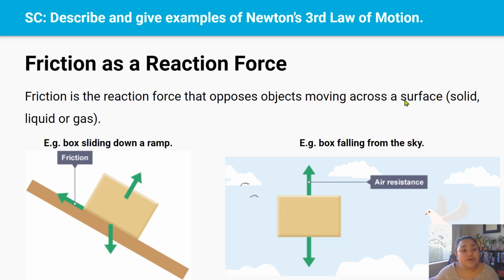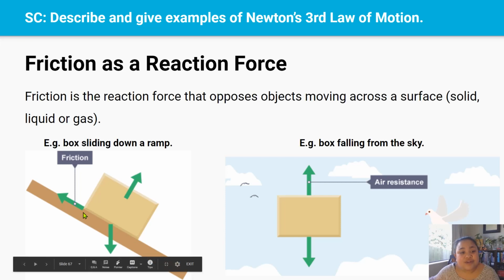So we learnt before that friction is a force that opposes objects moving across a surface. It resists motion, either through a solid, a liquid, or a gas. A solid example could be a box sliding down this ramp. The friction force is going opposite of the direction the box is going, and it's slowing down the box as a result.